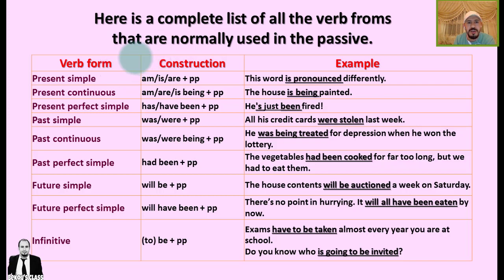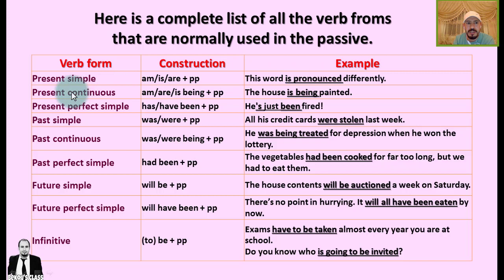If the verb is regular, you just add ed to the verb. But if the verb is irregular, then you have to check your irregular list, which I recommend that you learn by heart. So we have an example here.